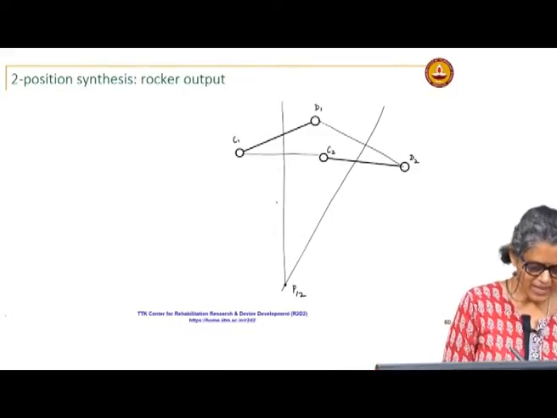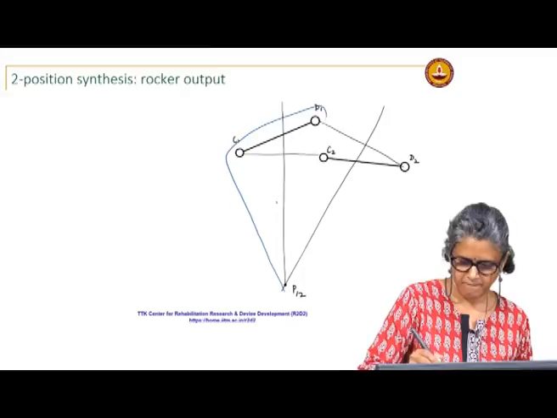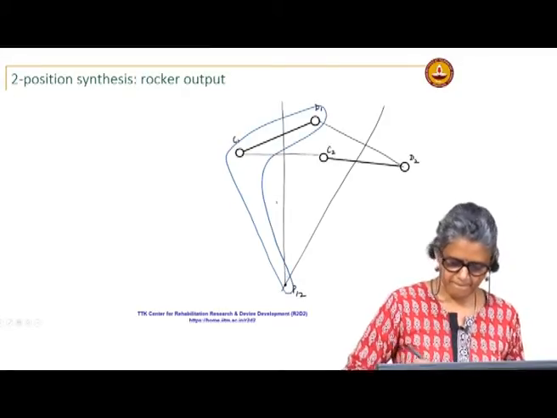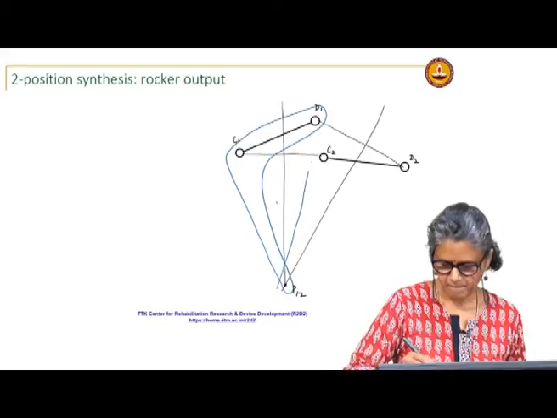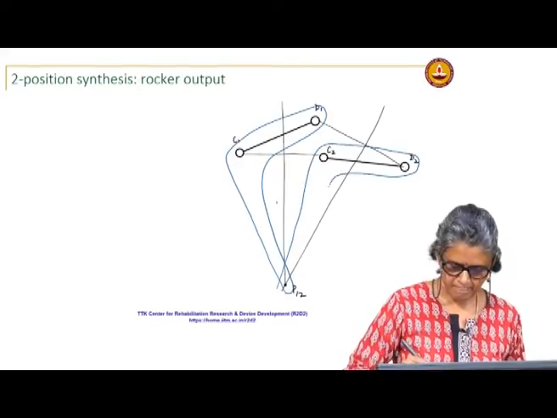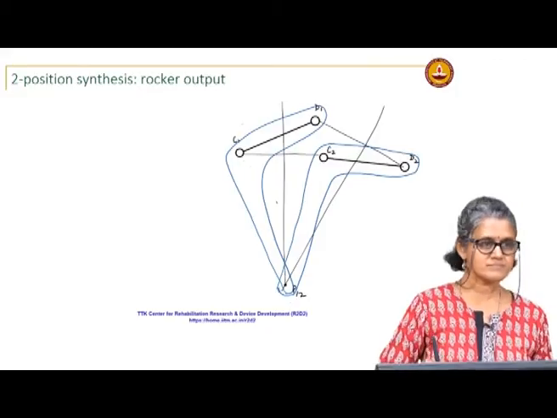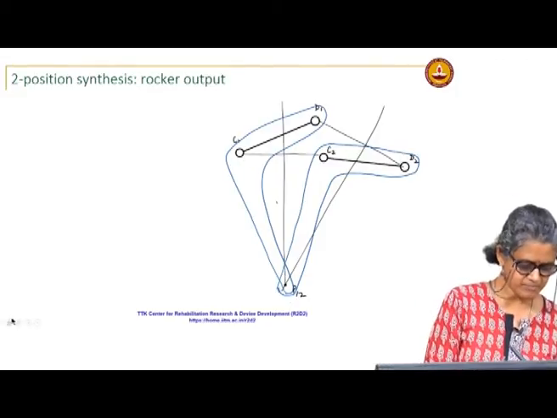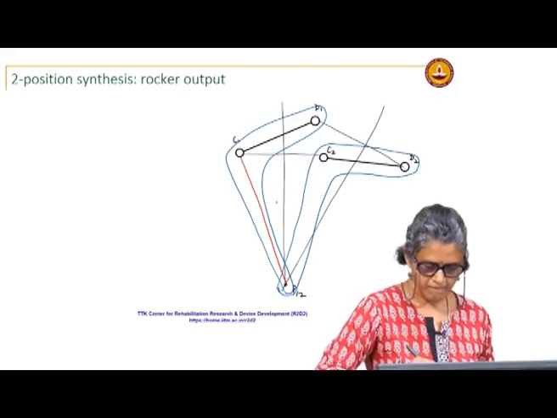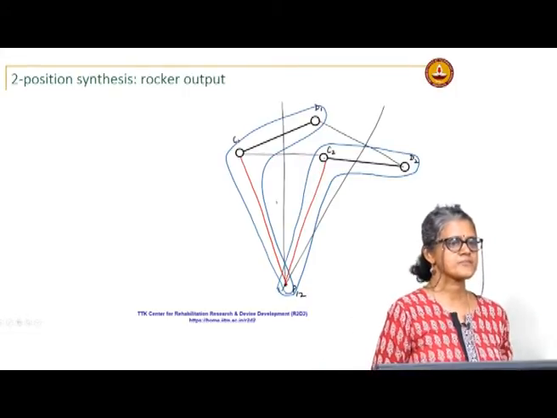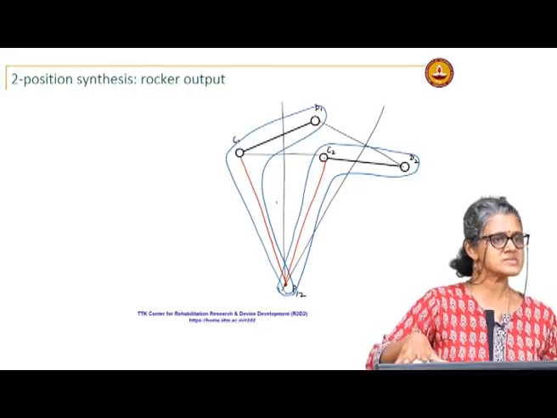So, essentially this problem becomes moving this rocker, P1 C1 to P1 C2, because if this line moves here, it is all part of the rigid body, so everything will rotate by the same amount.